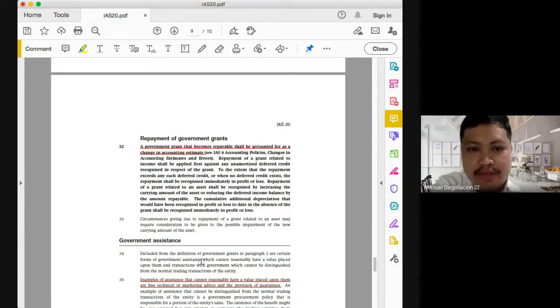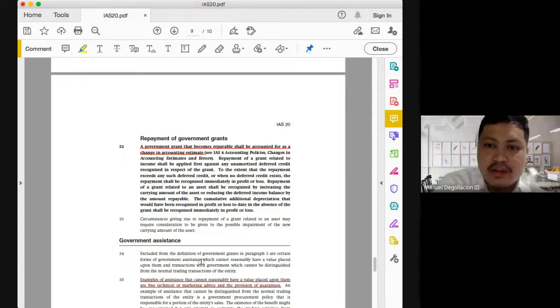Okay, that treatment, class, would be incorrect because remember that the repayment would be treated as a change in accounting estimate. And again, if it's a change in accounting estimate, you do not change anymore the amounts that were reported in the previous periods. Everything will be cleared or rectified in the current period.